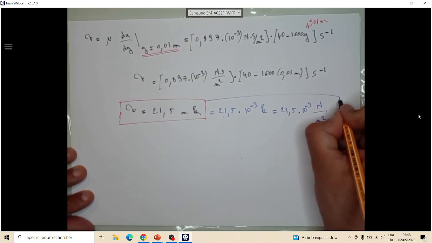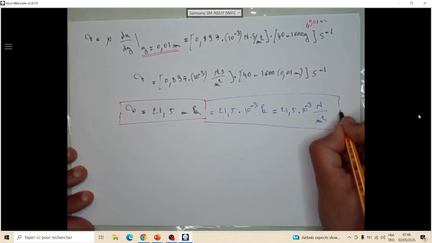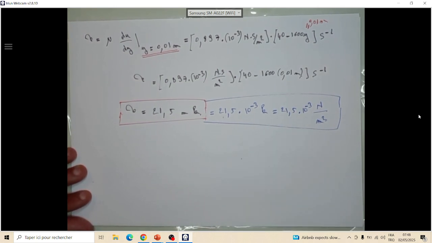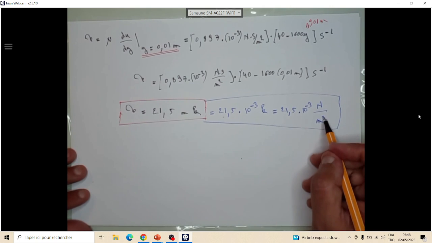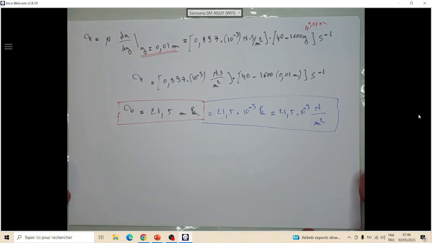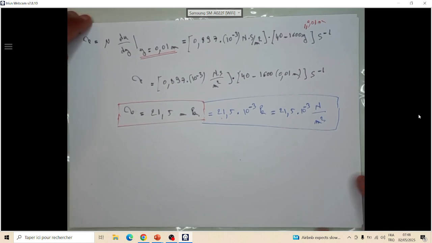So here the unit is millipascal, here the unit is Pascal, and here the unit is Newton per meter squared. So this is all for this problem that we have just solved.